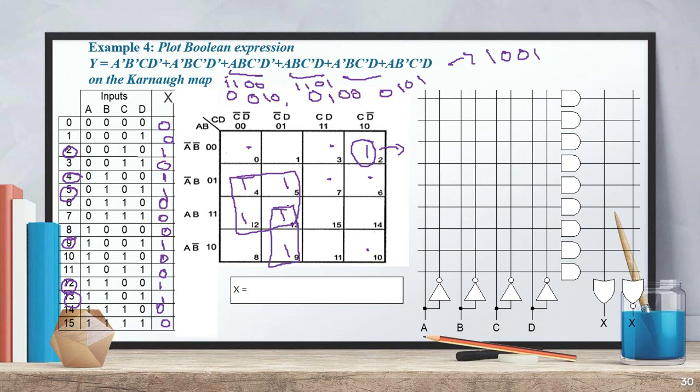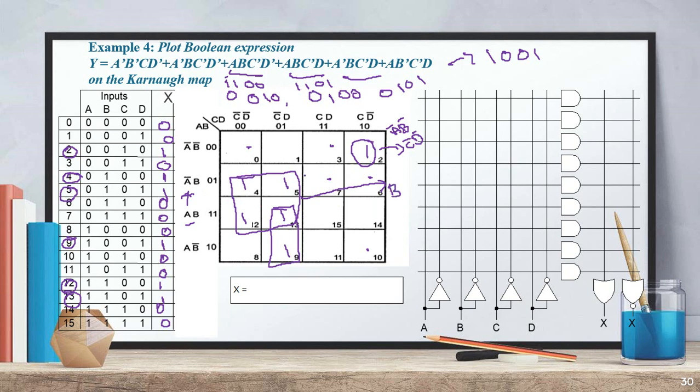So from this you can form the equation. How is the equation formed? The first one is nothing but A bar B bar C bar D bar, because it is only one, so all the 4 variables are present. If you take the group of 4 numbers, then in this case A bar and A are different, so they cancel out, and we get B only.